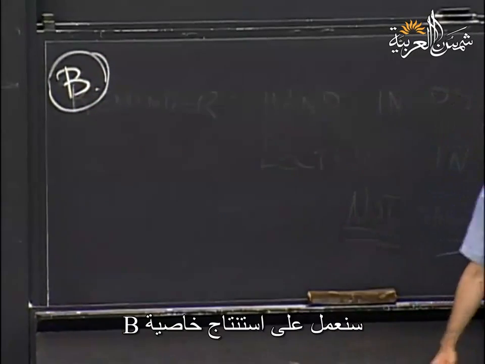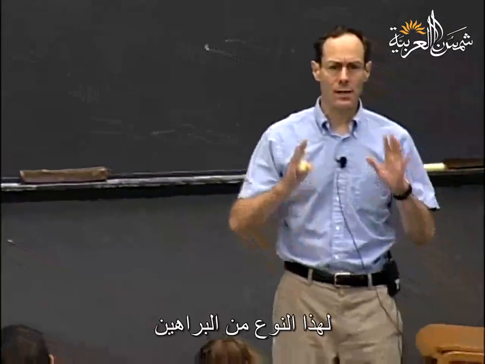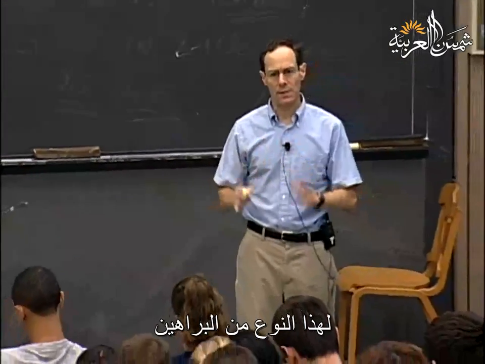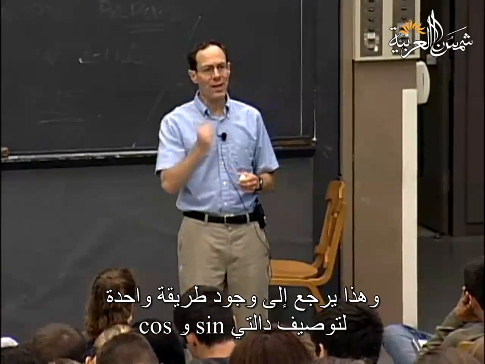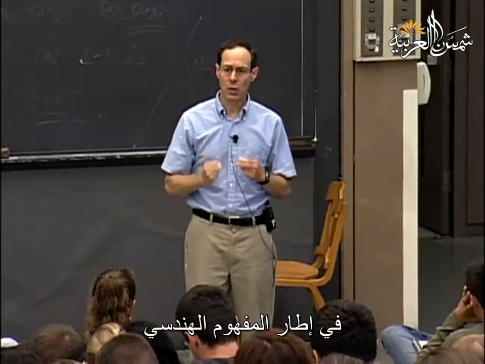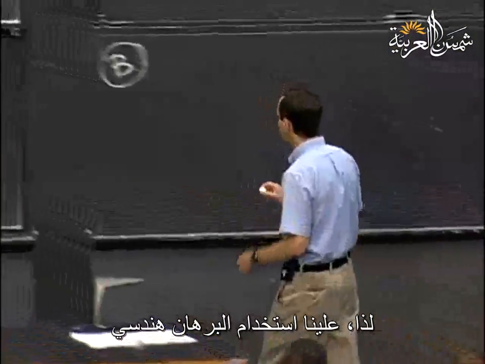So I need to figure out property B. Now, we only have one alternative as to a type of proof that we can give of this kind of result. And that's because we only have one way of describing sine and cosine functions. That is geometrically. So we have to give a geometric proof.